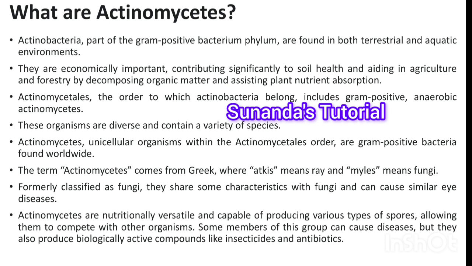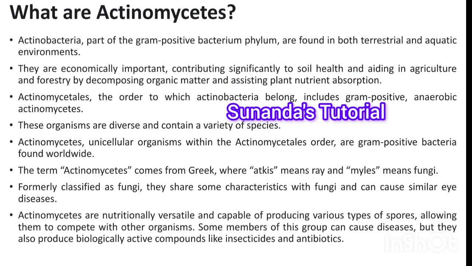But these are a group of bacteria formerly classified as fungi because they share some characteristics with fungi and can cause similar disease as fungi. Actinomycetes are nutritionally versatile and capable of producing various types of spores, allowing them to compete with other organisms.